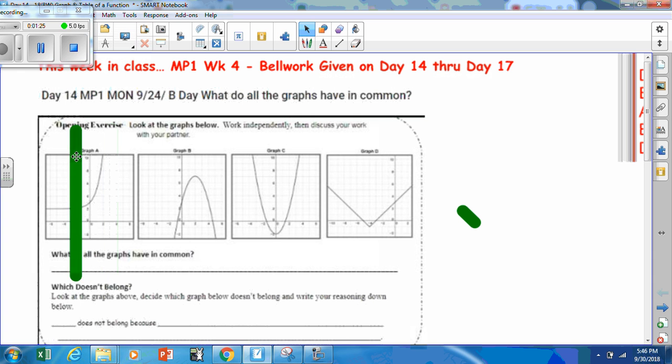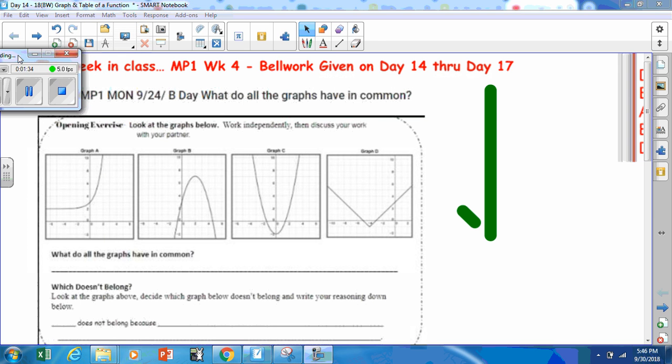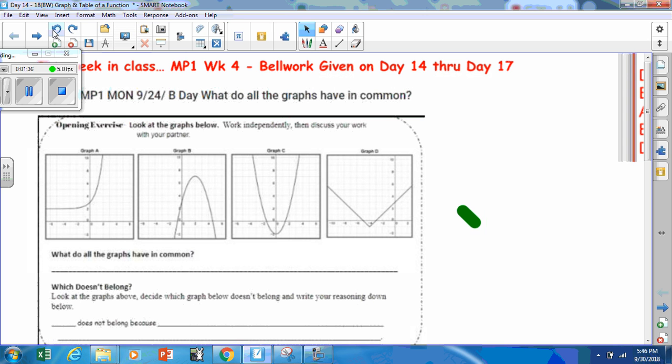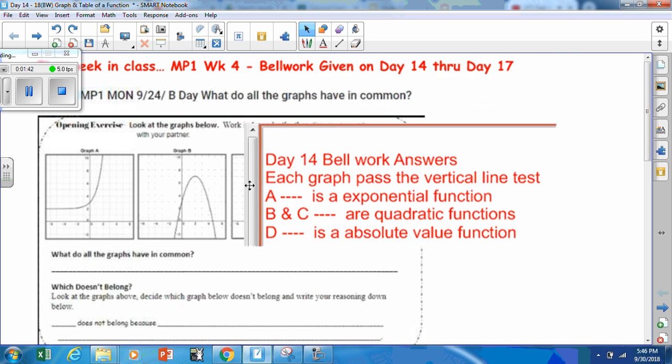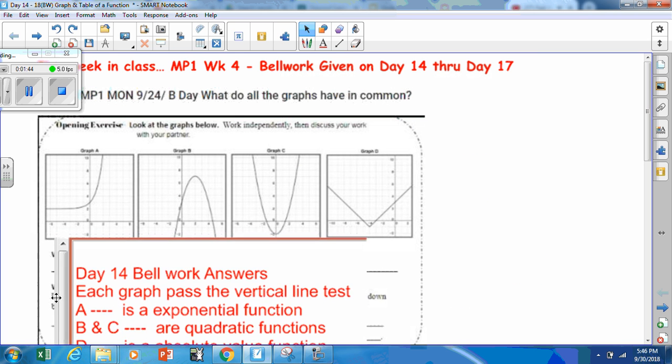All right, now here's how they might be a little different. A represents an exponential function. Anytime we see this movement right here, where it's slowly increasing and then super fast it slopes up, that's an exponential function.